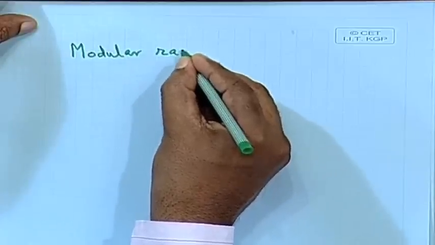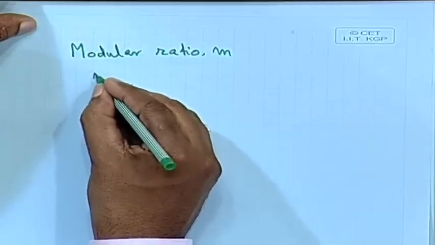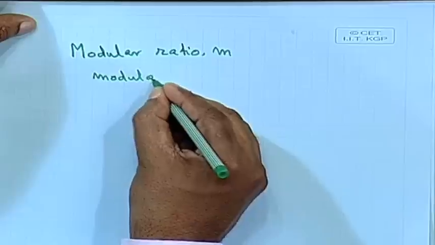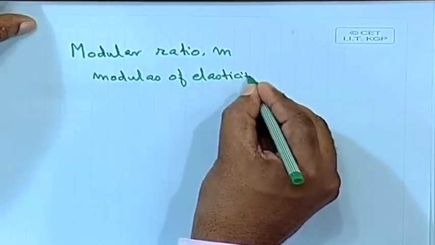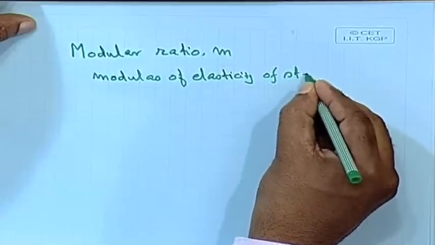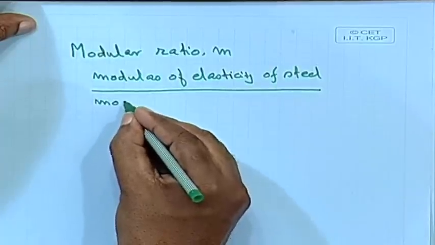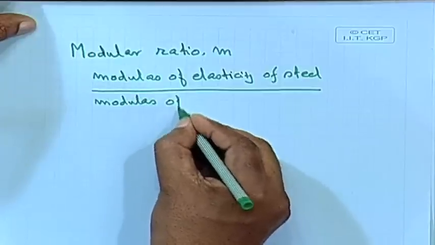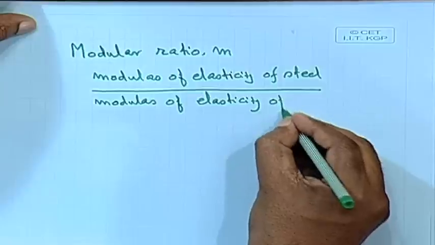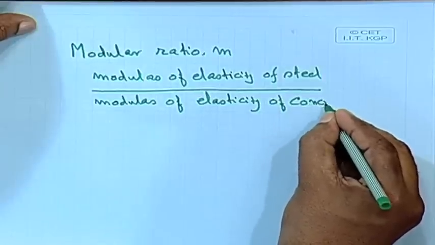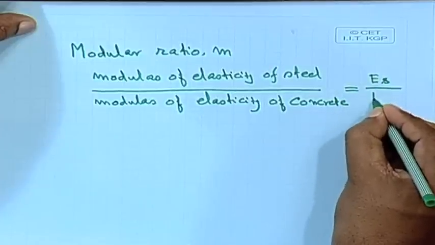Modular ratio m is the modulus of elasticity of steel divided by the modulus of elasticity of concrete, Es by Ec.